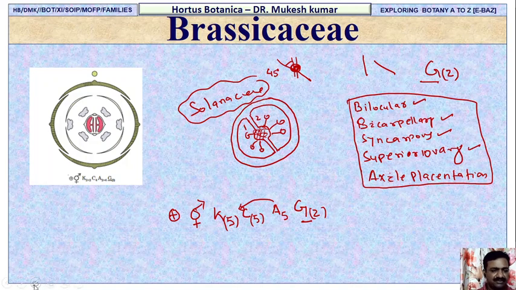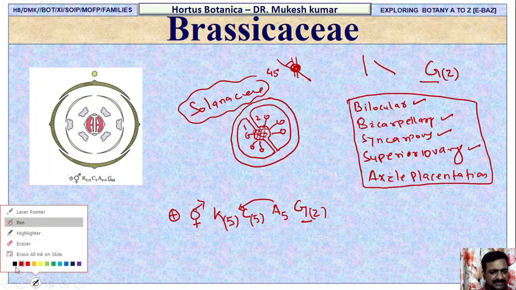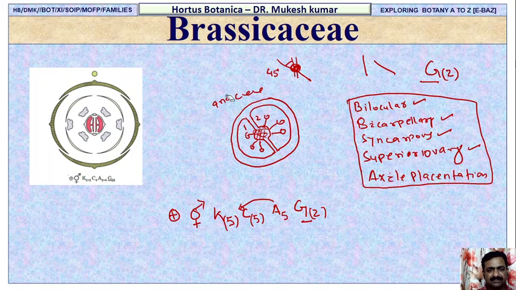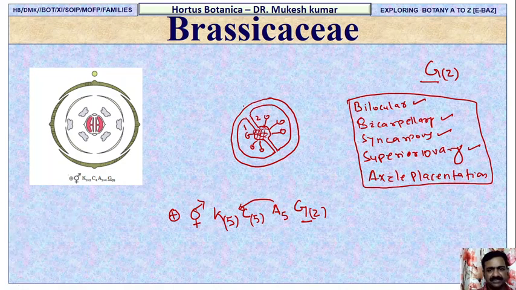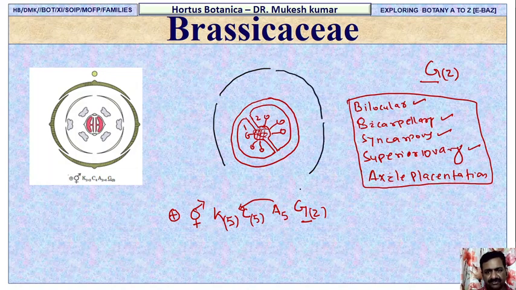Now let's see how we will draw all these things. I am drawing the full diagram. So after that, how many do we have? 1, 2, 3, 4, and 5. This is 5 corolla.